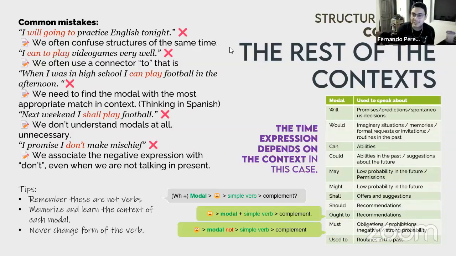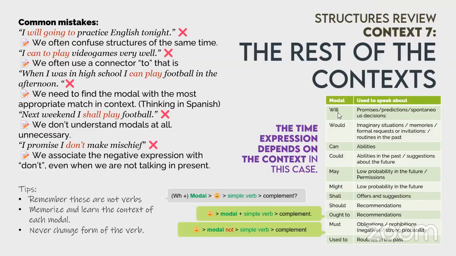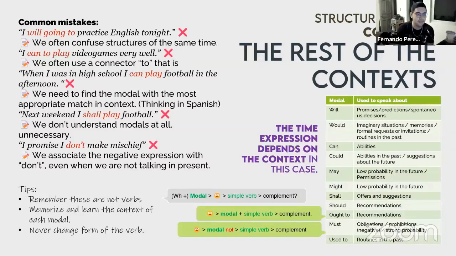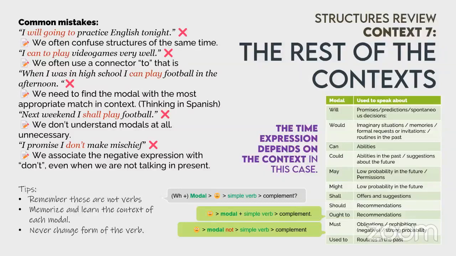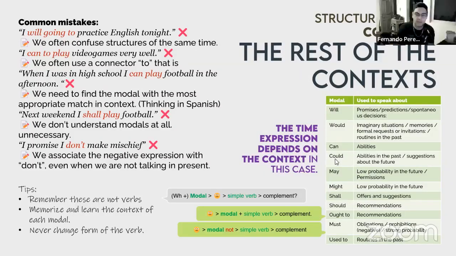If I ask you, for example, give me a prediction. What is the modal that you need to use? Will. Correct. A prediction, you automatically need to think in will. If I ask you, tell me about your abilities, what is the modal that we need to use? Can. Automatically, you need to do an association.